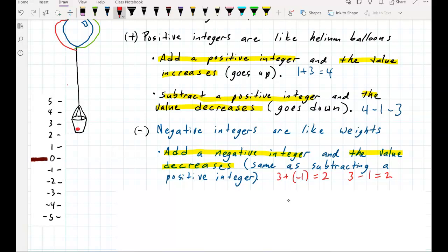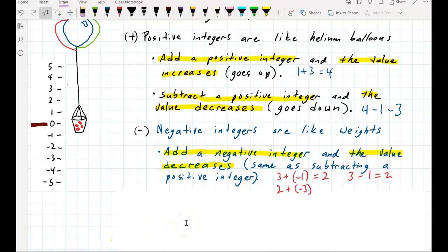What if I added 3 more weights? Let's do that. 1, 2, 3 more weights to my cup. I'm sitting at 2, and then I add 3 more negatives. What's that going to do? As you can see, adding 3 more negatives dropped it down to negative 1.